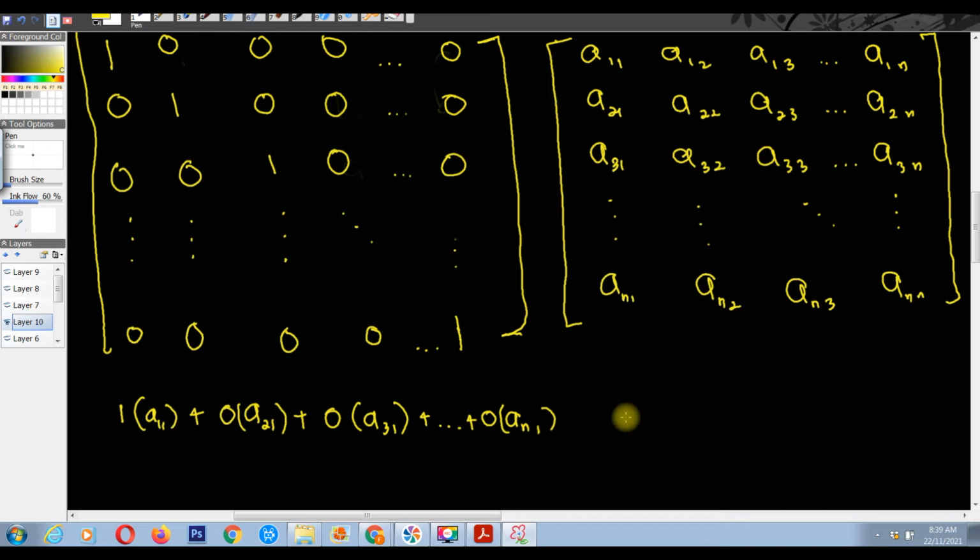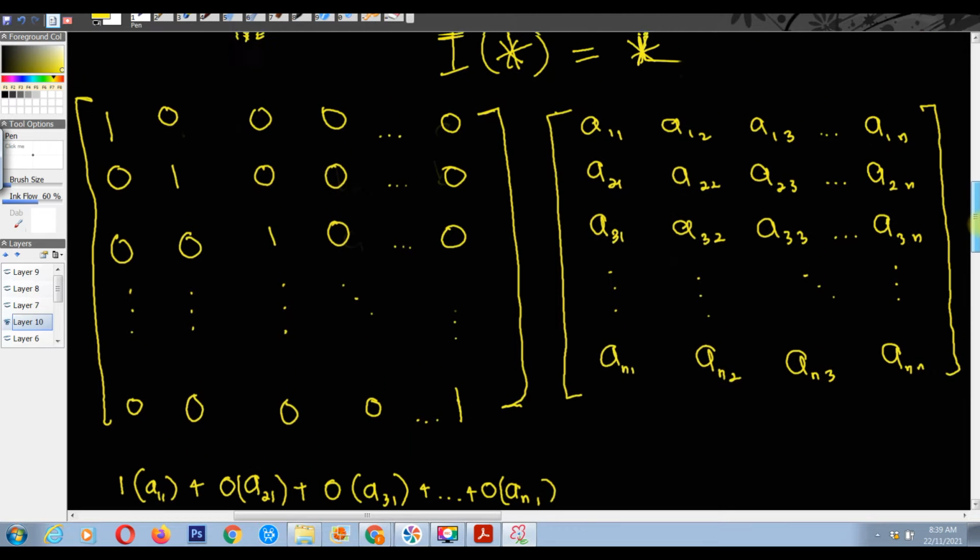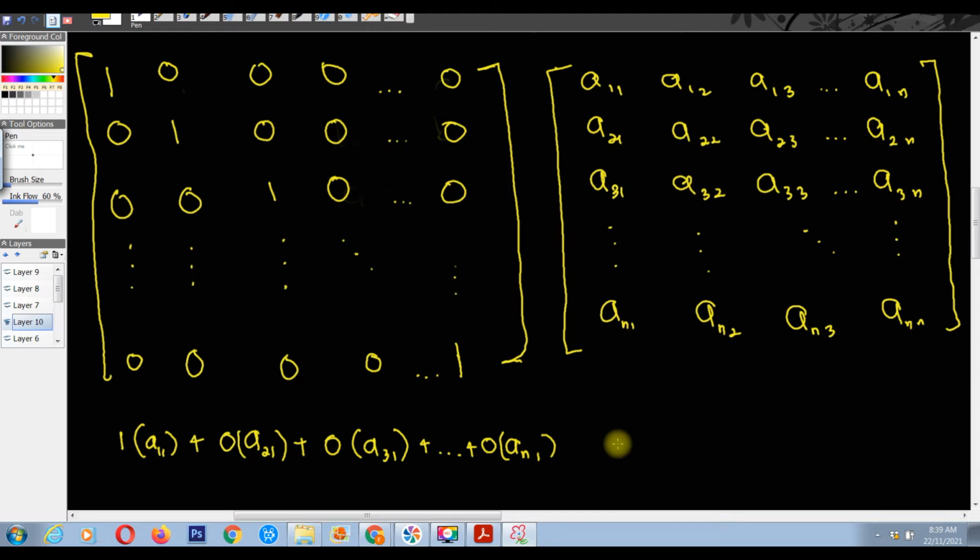First row, second column, we will have 1 times a12 plus 0 a22 plus 0 a32 plus, until 0 an2.